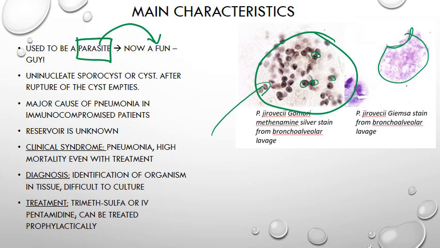It's a major cause of pneumonia, particularly in immunosuppressed patients, and really is kind of a scourge for the HIV positive community because it's largely an opportunistic pathogen. We don't know where it comes from. Airborne transmission of it has been documented, and it's known that the respiratory tract is how it gets in.